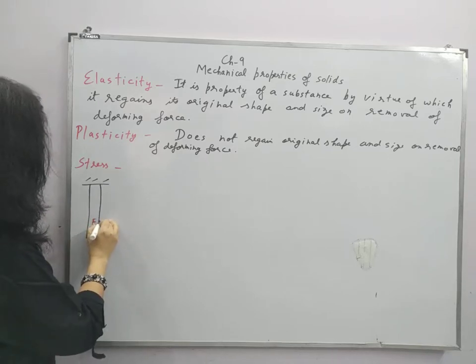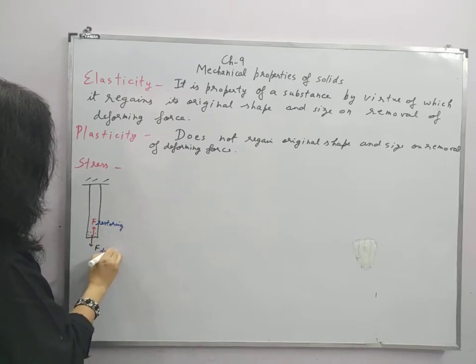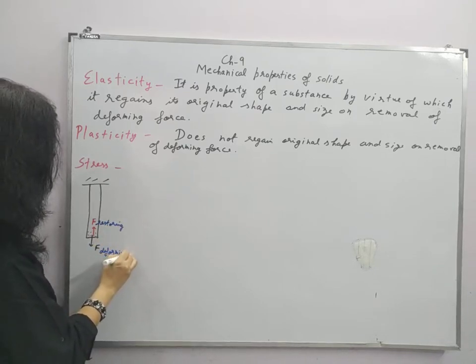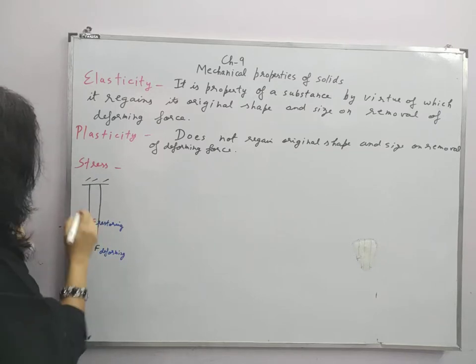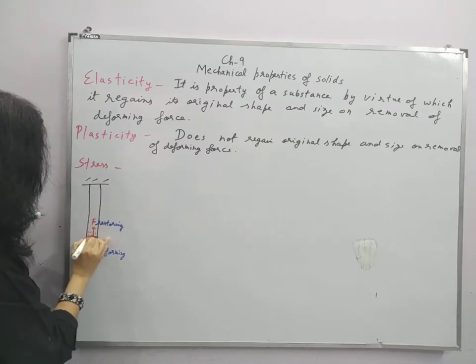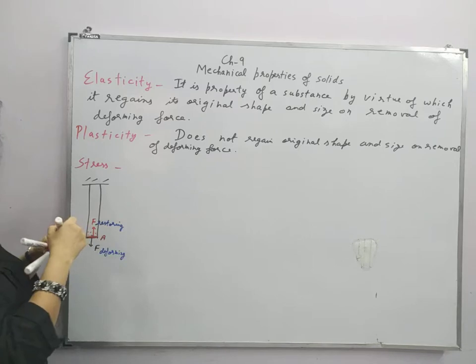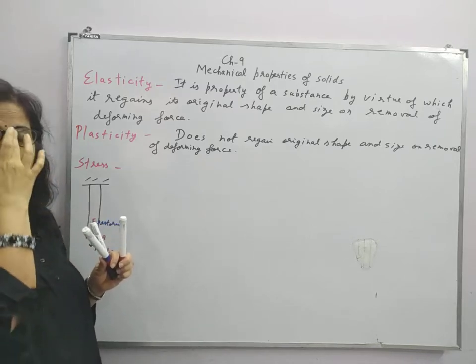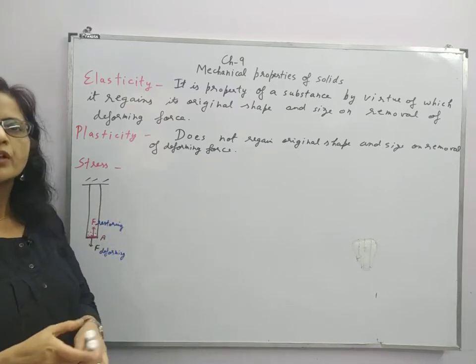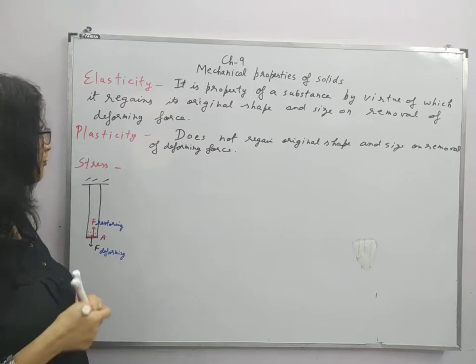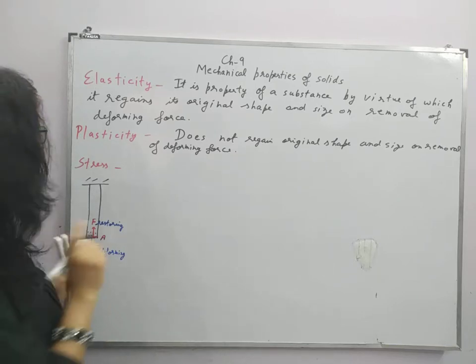So this is the restoring force and this is the deforming force, and this is the area of cross section. So the restoring force developed per unit area on application of deforming force is called stress.